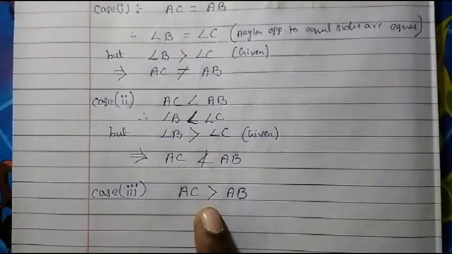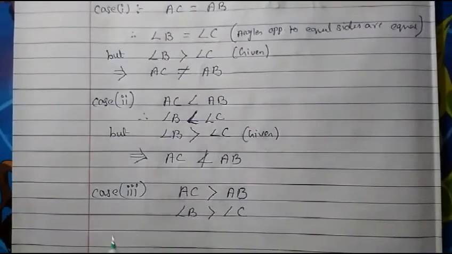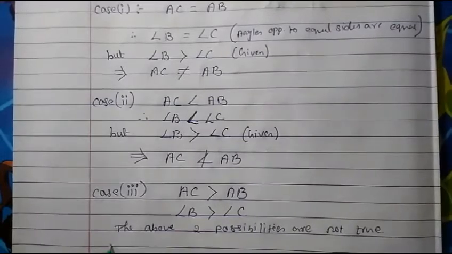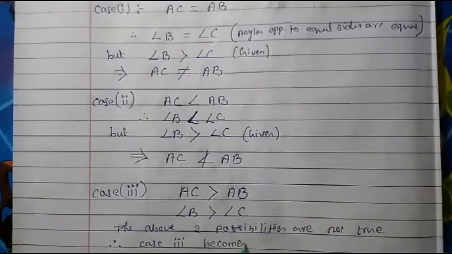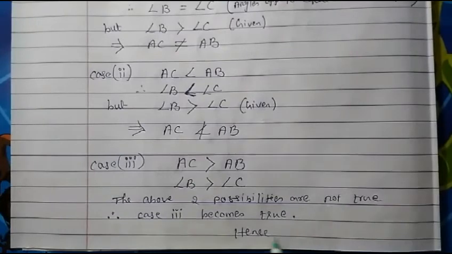If AC is greater than AB, then angle B will be greater than angle C. So we can say that since the above two possibilities are not true, therefore case 3 becomes true. So hence proved.